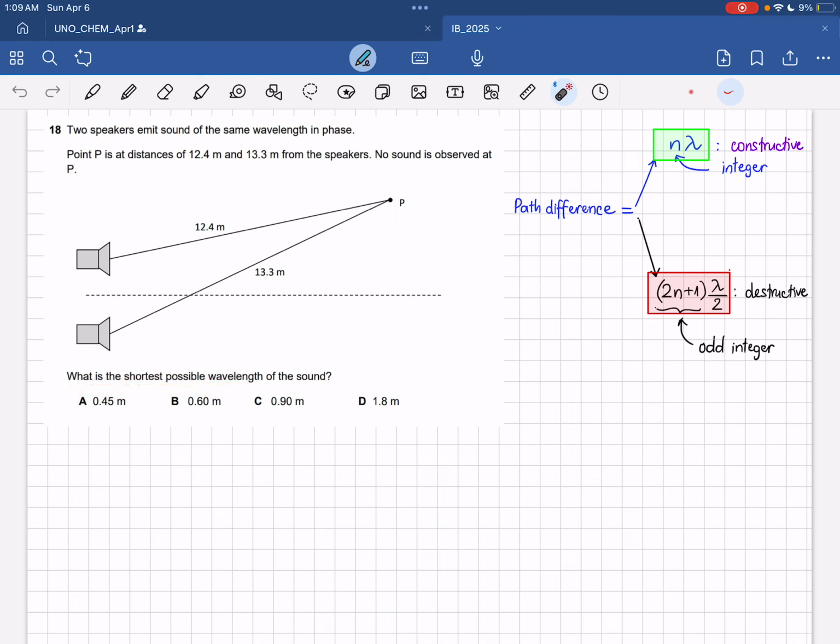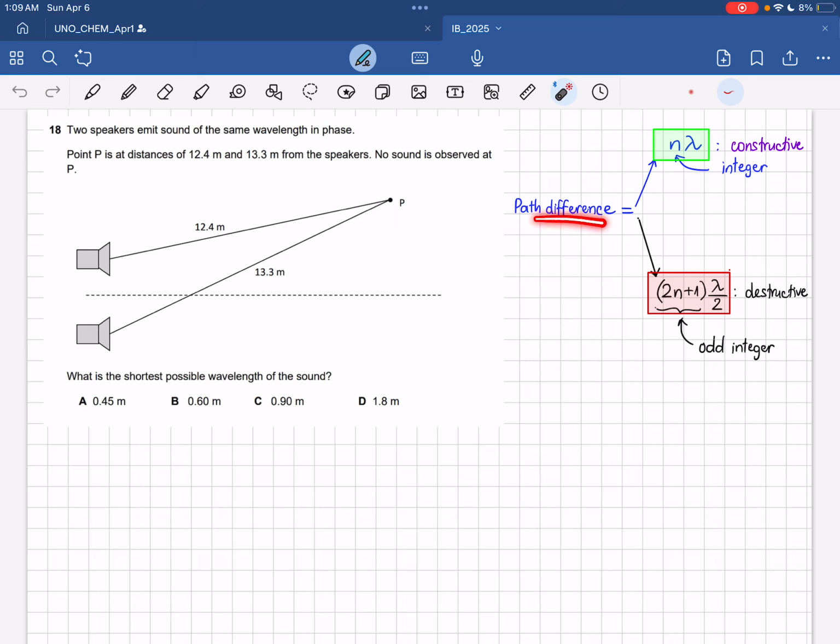With this topic, you can have a look at topic C3 for the SL in the IB program. In order to determine the wavelength, we use the hints provided: at P there is no sound, so there should be destructive interference, and it depends on the path difference.